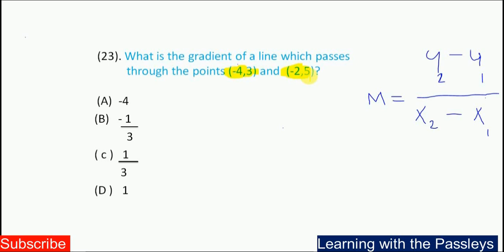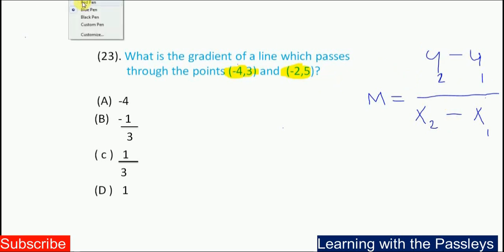The gradient of a straight line, m, equals y2 minus y1 divided by x2 minus x1. This is the formula to find the gradient. Since we know the formula, this will help us to solve this problem.